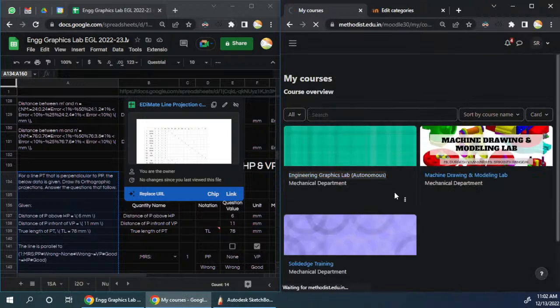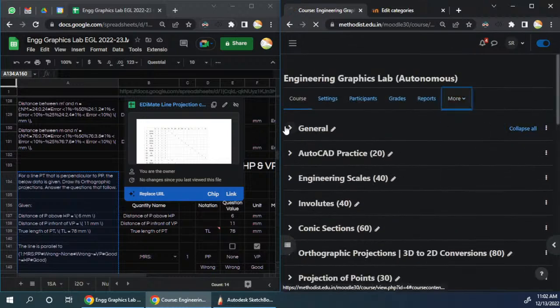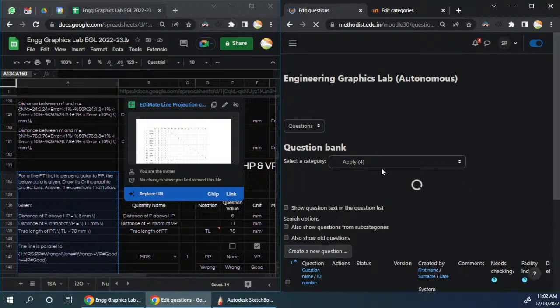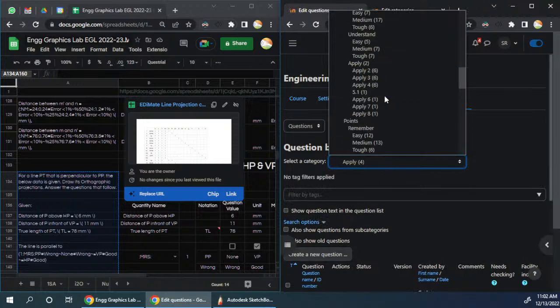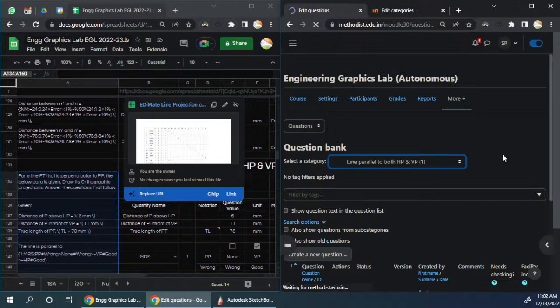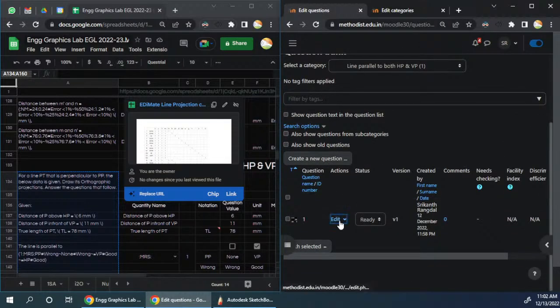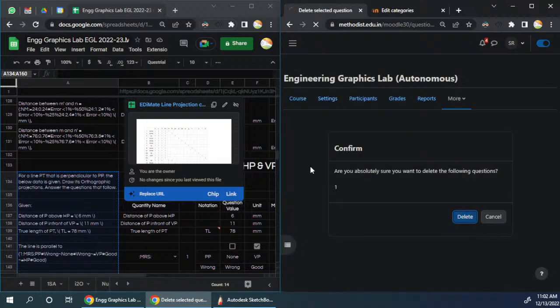So let's go to this. We need to go back to question bank. We're supposed to go here. Parallel to both HP, VP. Alright, so we evaluated some questions which we were thinking of deleting.